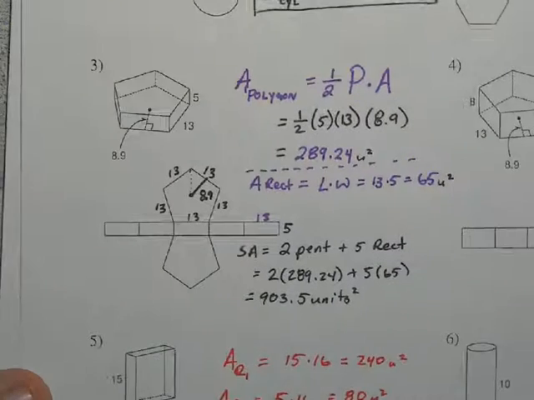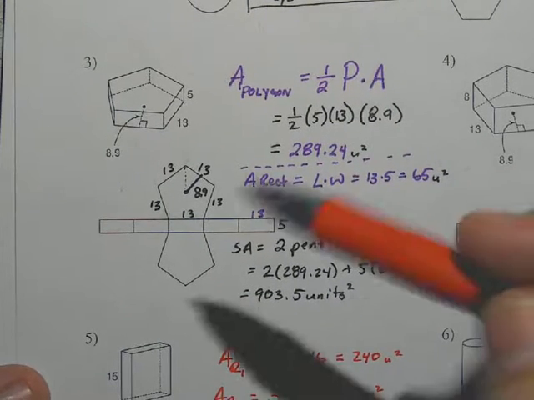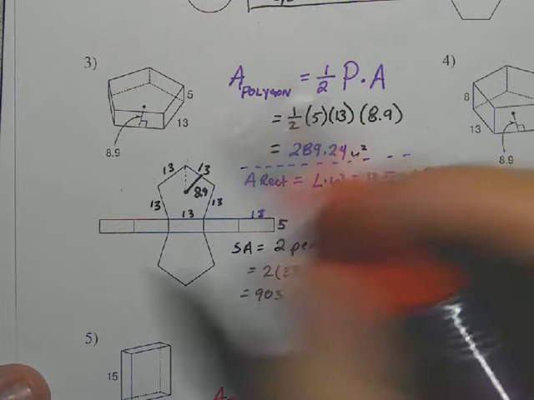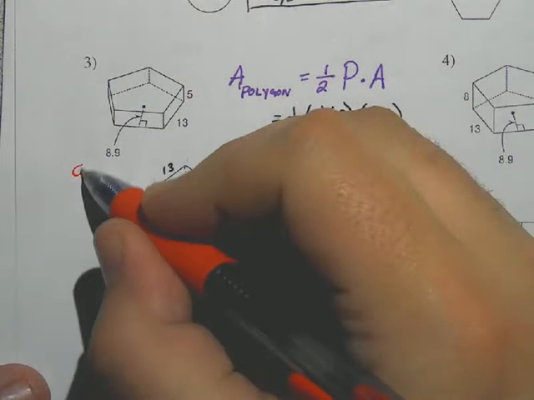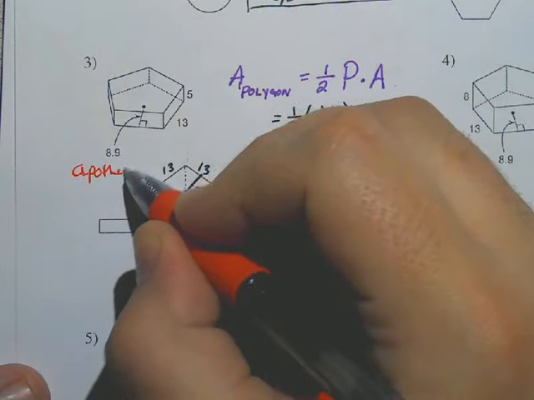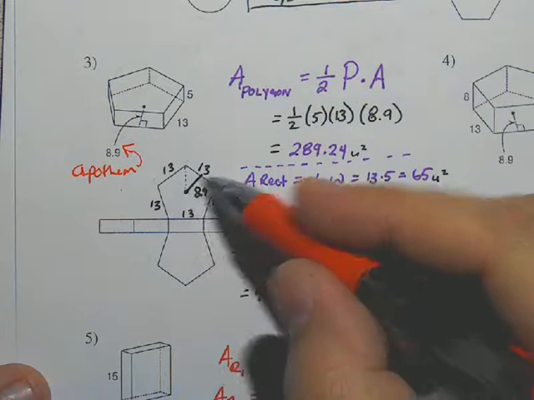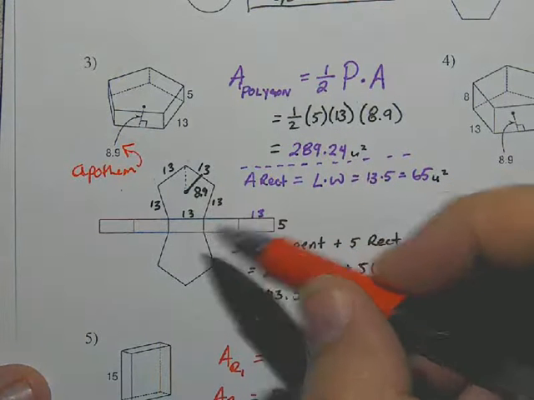Okay, so we were skipping every other one. I went to the pentagon next and said that if I mark 8.9 here, this is the apothem. And that is measured here in the pentagon down here.